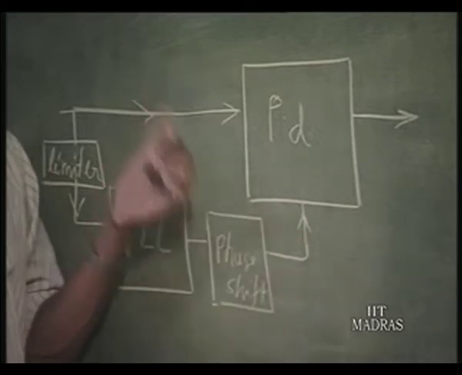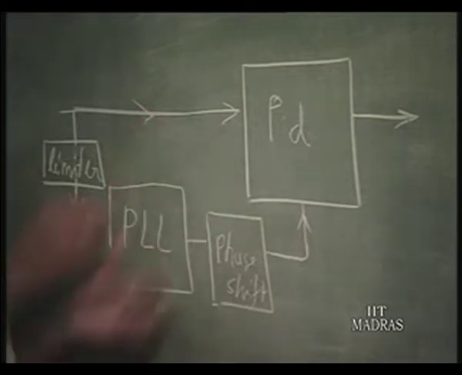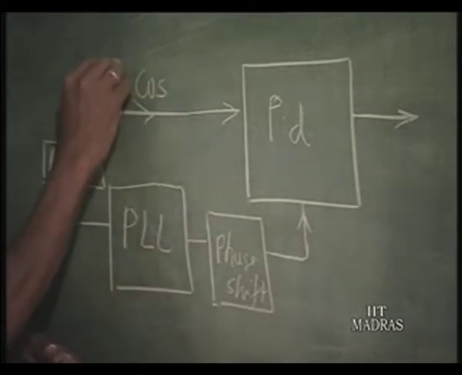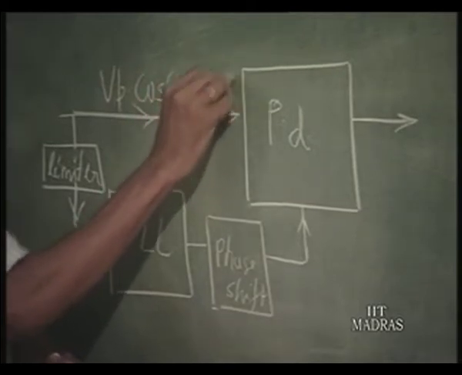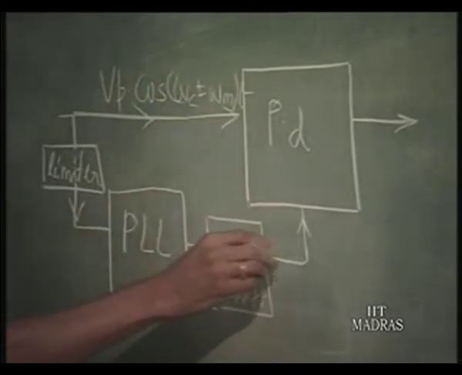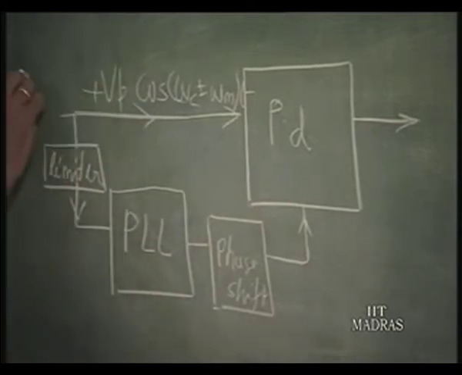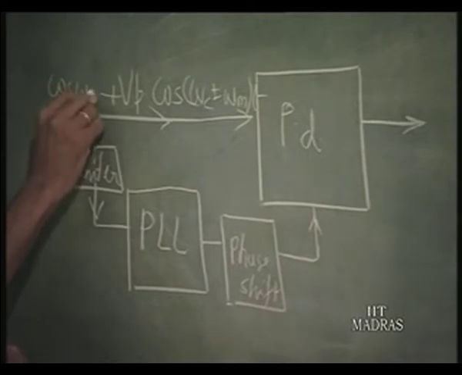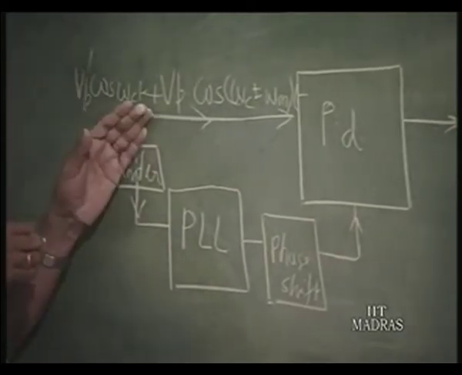So, this cos omega CT gets multiplied with this cos omega C plus or minus omega MT, okay, and this is the AM, right.